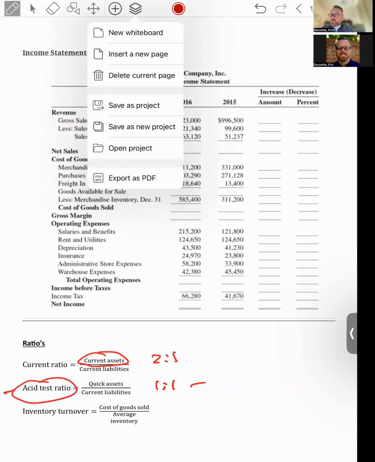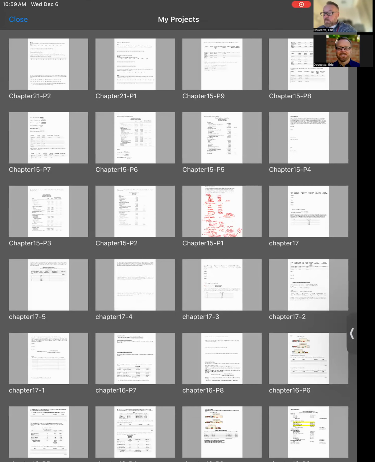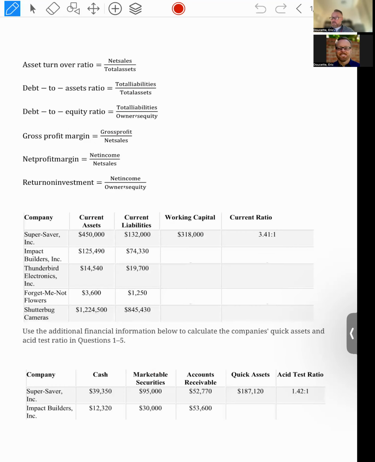When figuring the acid test ratio, it's exactly the same thing we just did, but the difference is that we're figuring out our marketable securities. Here we have them already: marketable securities and accounts receivable. We're using the same liabilities as the prior company, Super Saver and Impact Builders.